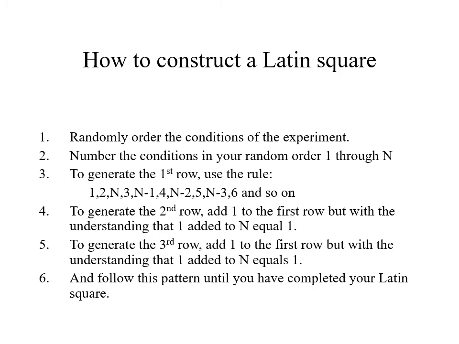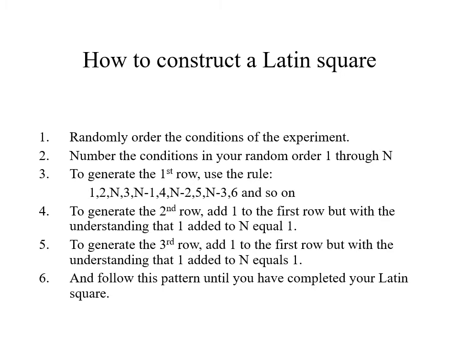So to generate the first row, you need to use this rule: 1, 2, n, 3, n minus 1, 4, n minus 2, 5, n minus 3, and so forth.